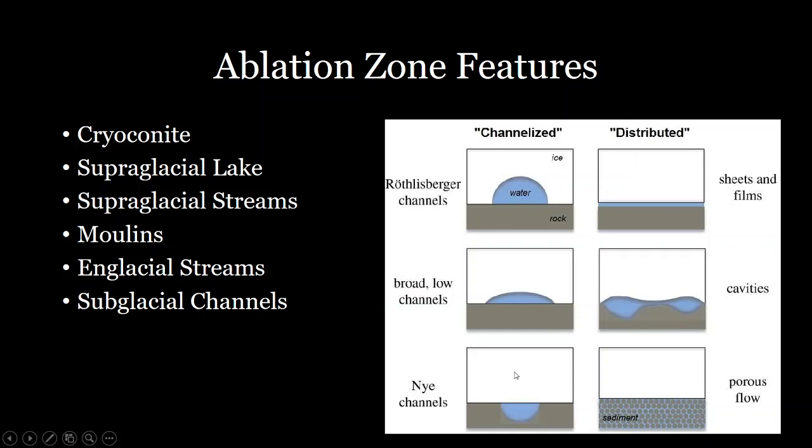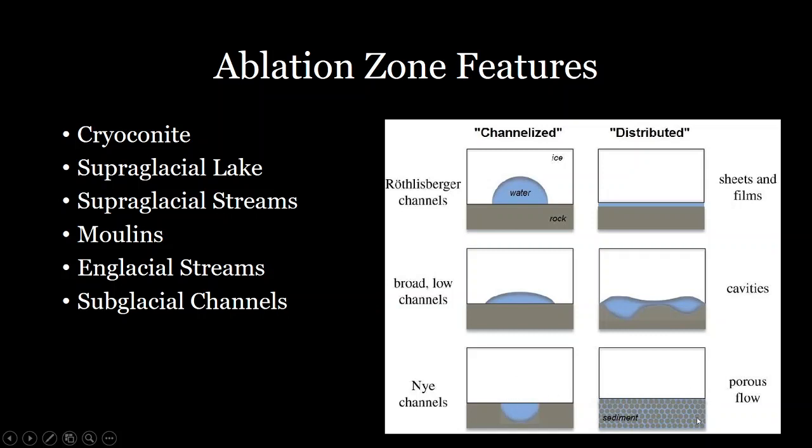So Nye channels usually develop in softer sediment. And so instead of carving into the ice, they carve into the sediment instead and will form and flow out that way, where the water is flowing over the softer sediment instead of under the ice.